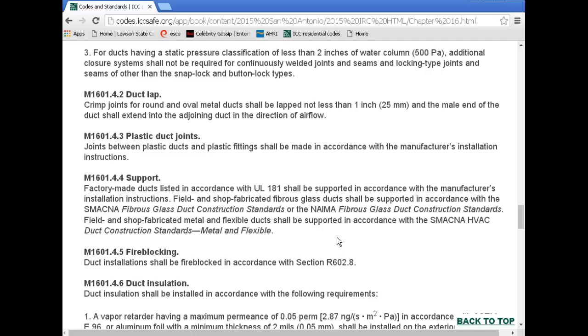Half-inch wide, 18 gauge strap, that's metal ducts. Or 12 gauge galvanized wire. Half-inch, 18 gauge, or 12 gauge wire at intervals not exceeding 10 feet.